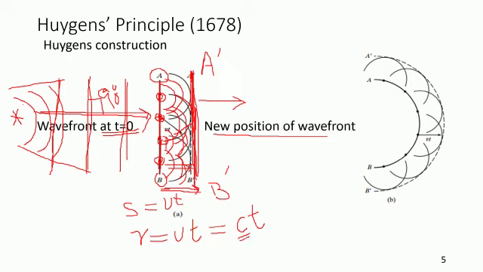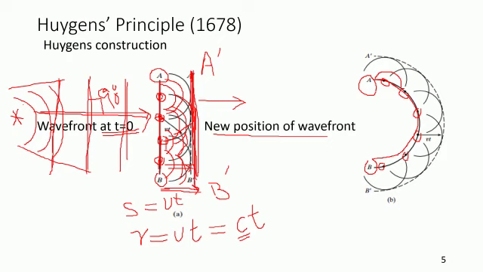Likewise, in the case of a spherical or circular wavefront, suppose this is some circular or spherical wavefront labeled as AB. Again, according to Huygens, points on it can be considered as sources of waves. So we just consider a few points over here. For example, this point can generate waves of its own.